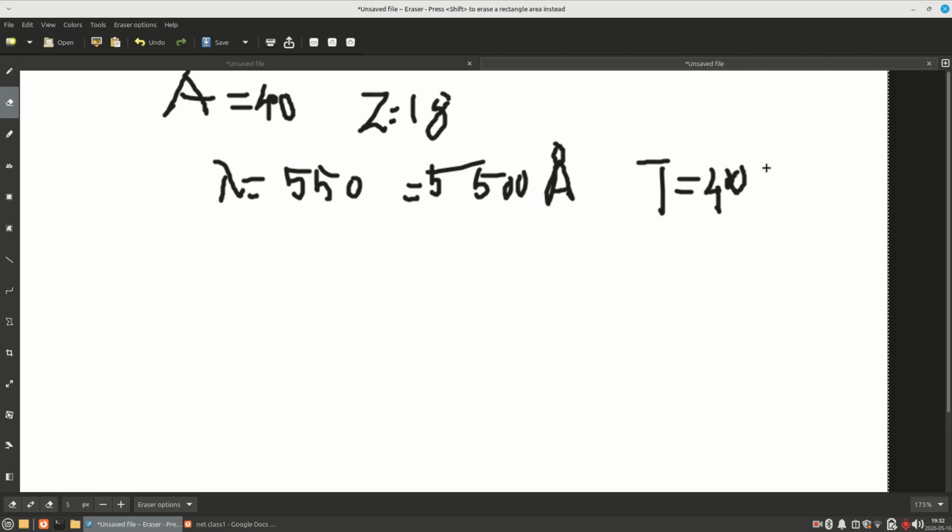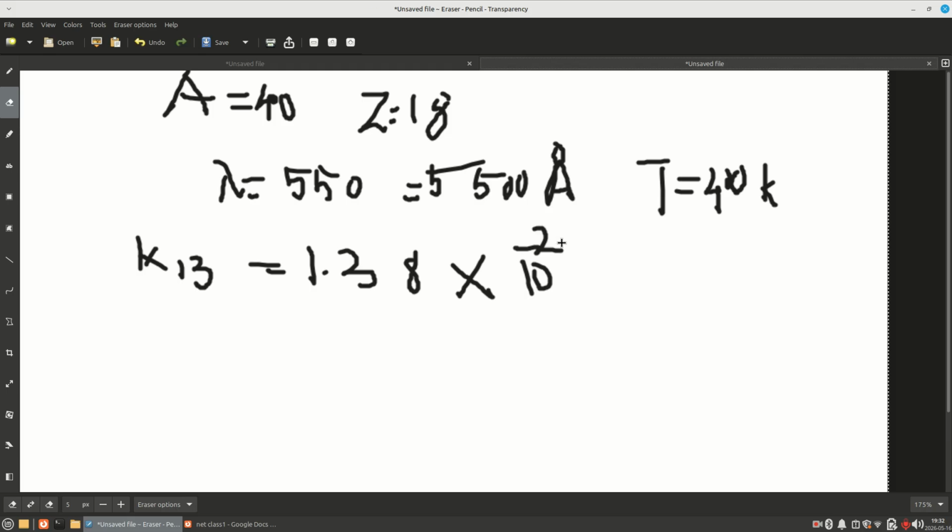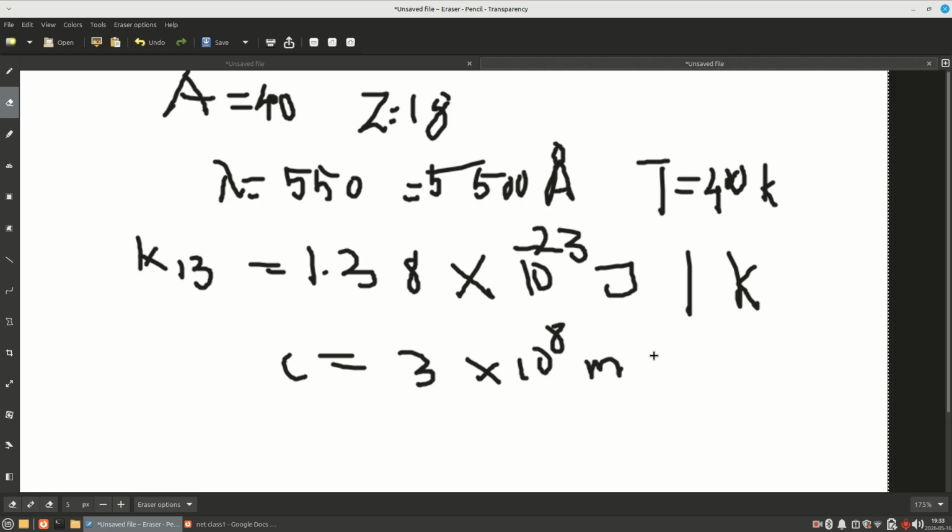We already know kB, the Boltzmann constant, which is 1.38 into 10 to the power of minus 23 joule per Kelvin. The unit is very important. And here comes our superstar, c, 3 into 10 to the power of 8 meter per second, the speed of light.